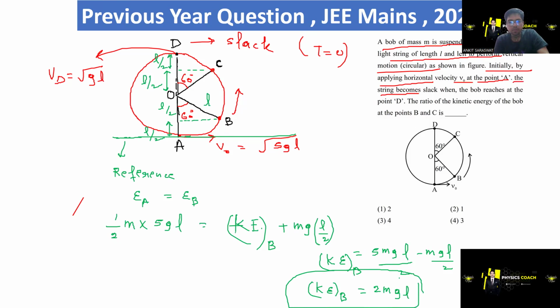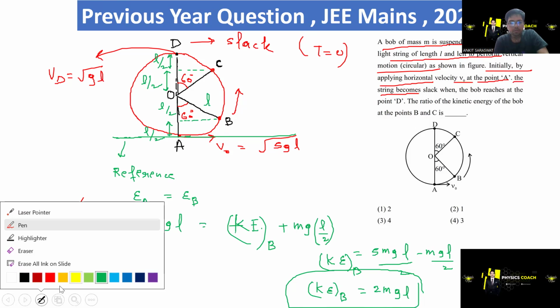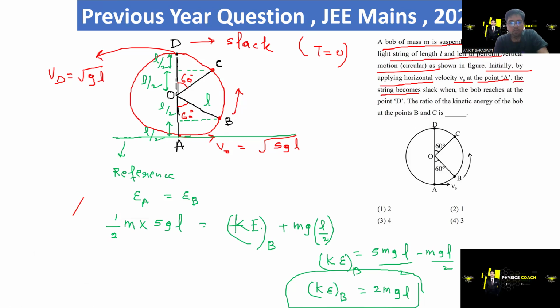Clear? Now, what next? We will apply conservation of energy between C and D. So consider C as your reference point. This is your reference. Reference means like foundation. Simple, like while solving, when you send a particle from Earth to a certain height, then we are taking the surface of Earth as a reference or datum line.